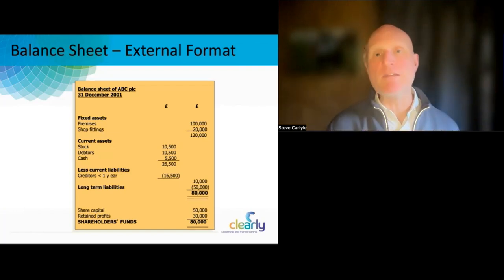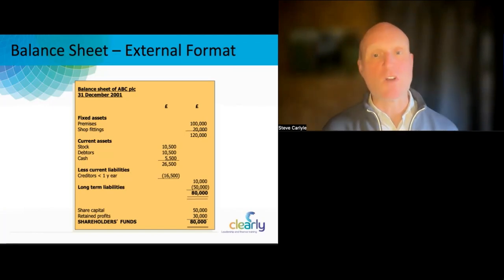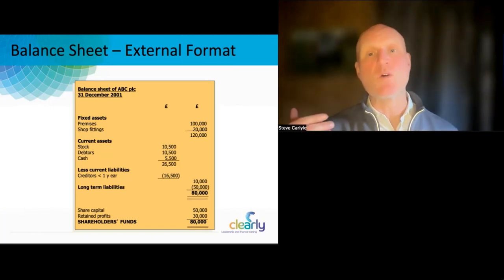Now, before I leave that, there is one little thing which I'm sure you've noticed on there, and that's this use of brackets. And this is another strange thing that accountants do that I'm very used to because I've seen it since the day I started in accounting. But if you're not an accountant, it does look odd. And that is that we put negative figures in brackets.